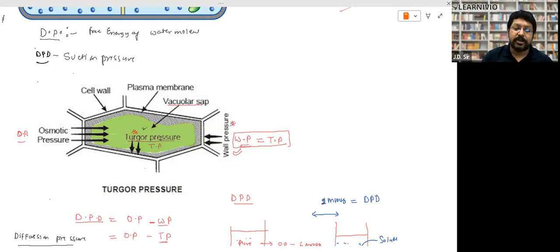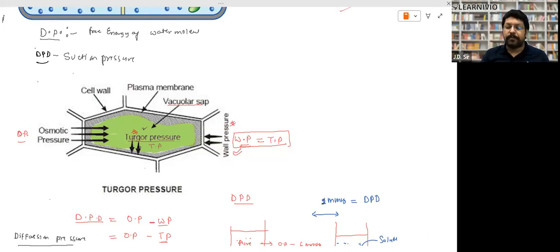When the cell becomes turgid, it will start putting pressure on the cell wall. Due to the swelling of the cell, pressure is imparted from inside the cell to the cell wall. This is called turgor pressure.